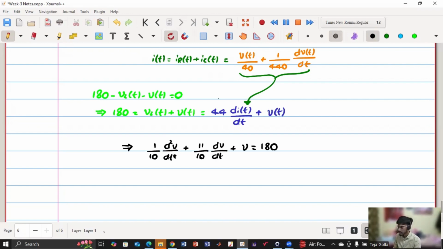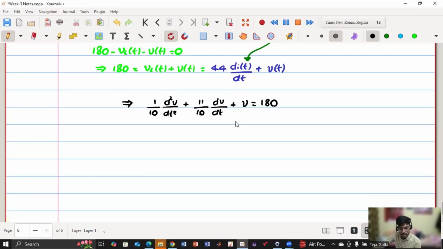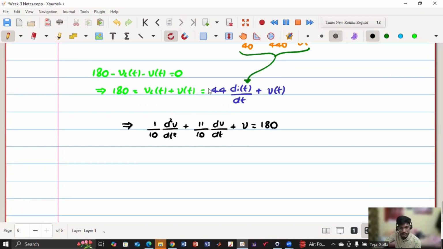Everyone agree? Or am I making any mistake? So 1 by 10 into d square v by dt square plus 11 by 10 into dv of t by dt plus v of t is equal to 180. Very good.